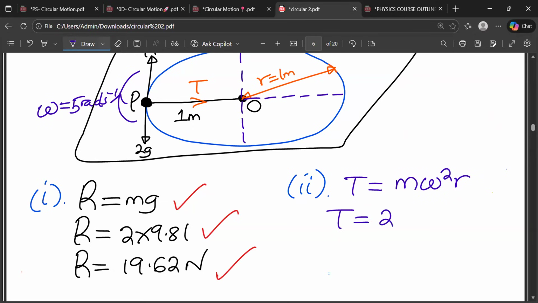My M is 2. My omega from the question is 5 squared. Why don't I use times? Some of you put there 25. You will fail. Put 5 squared, not 25. My radius is 1. So I get my tension, which is also a force, in newtons.